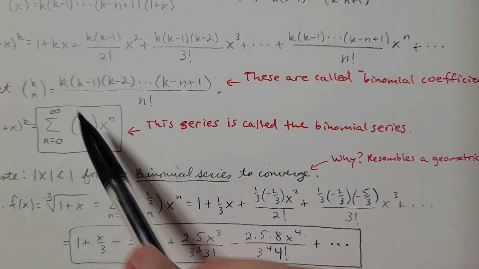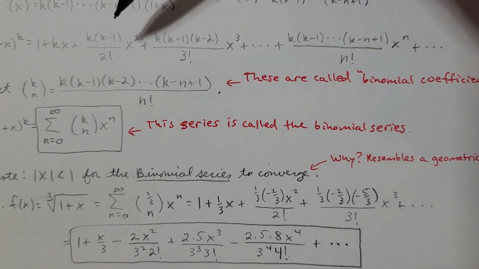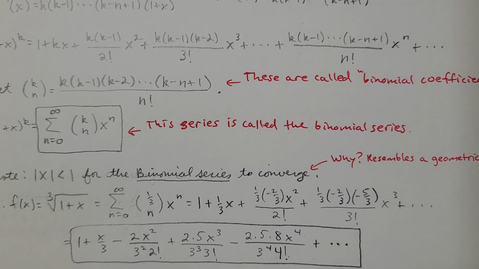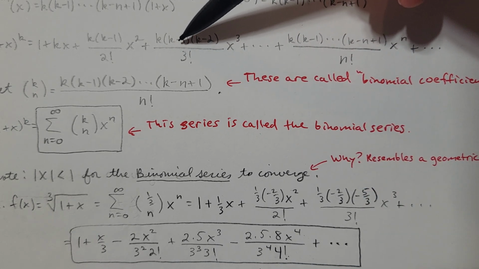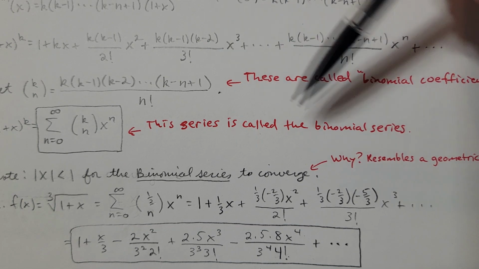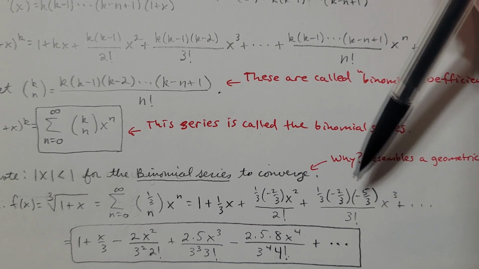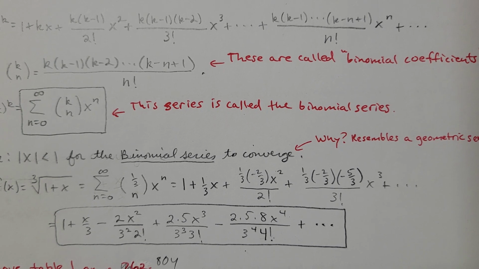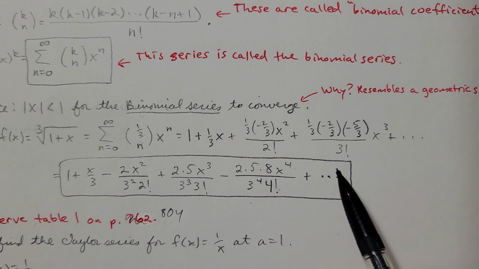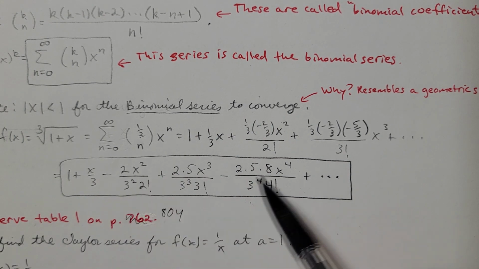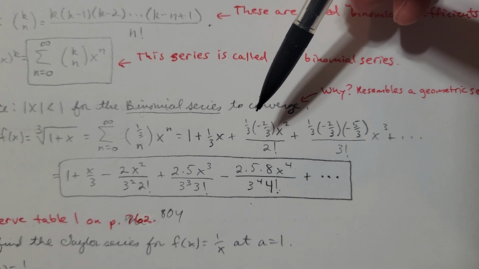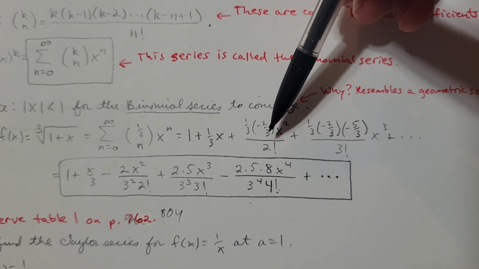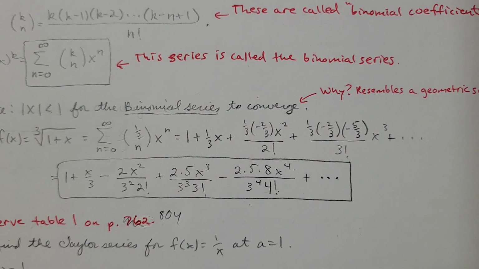So I got 1 plus 1/3 times x plus 1/3 times 1/3 minus 1, that's negative 2/3, times x squared divided by 2 factorial, plus 1/3 times negative 2/3 times 1/3 minus 2, that'd be negative 5/3, divided by 3 factorial times x cubed, plus etc. And then if I simplify what I've got here, I've got 1 plus 1/3 x, and then minus 2x squared divided by 2 factorial times 3 times 3, which is 3 squared, that'd be 9.